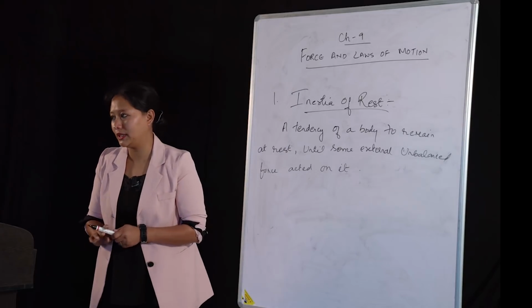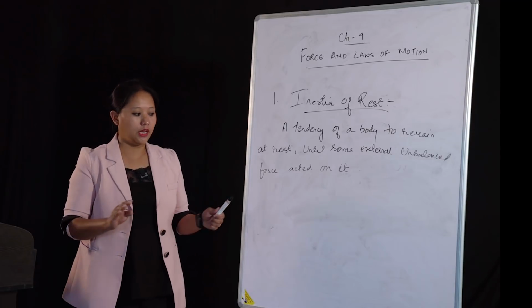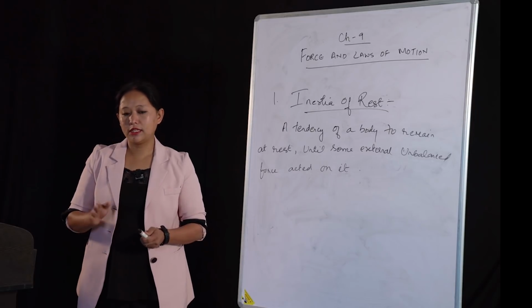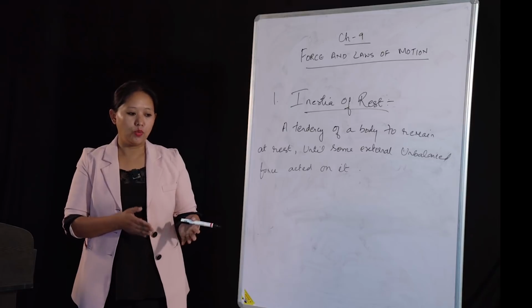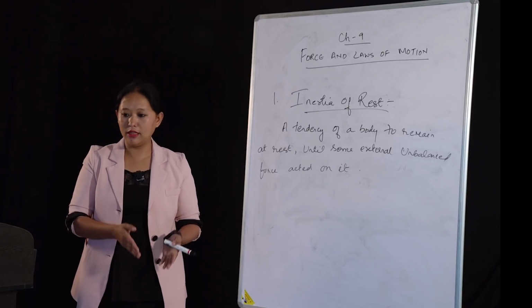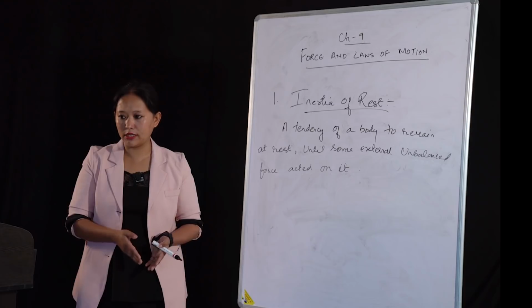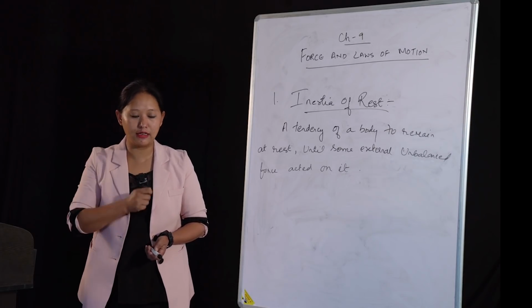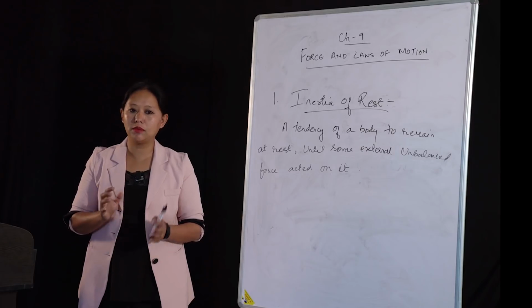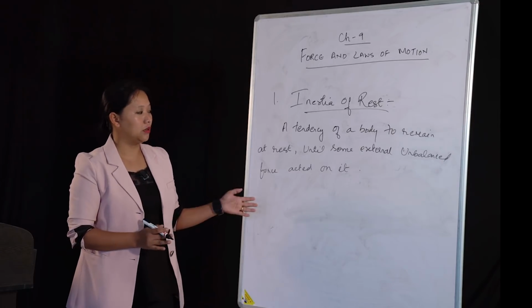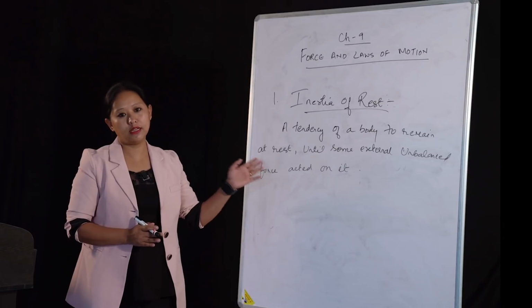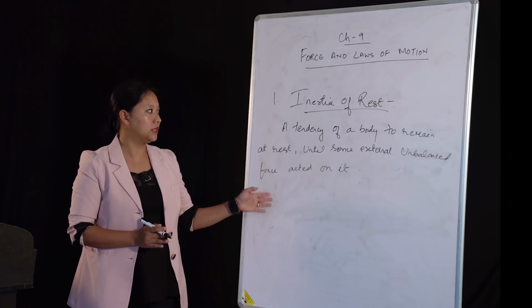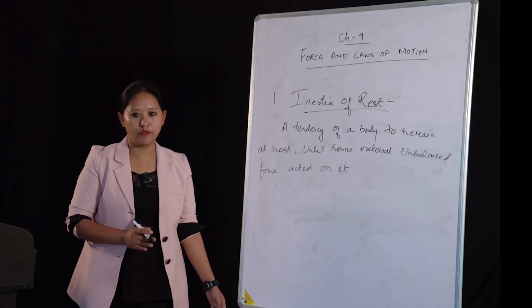The simple example is dust particles on a carpet. They will just remain on the carpet, at rest. They will not move until somebody comes and hits the carpet, or shakes the carpet. The dust particles will remain on that carpet at rest. So this is called inertia of rest.